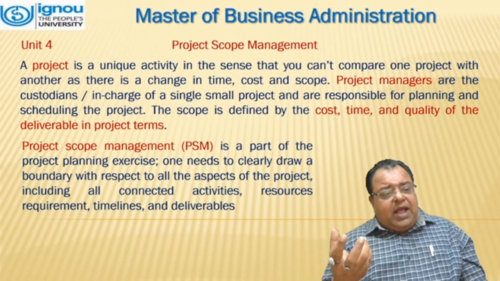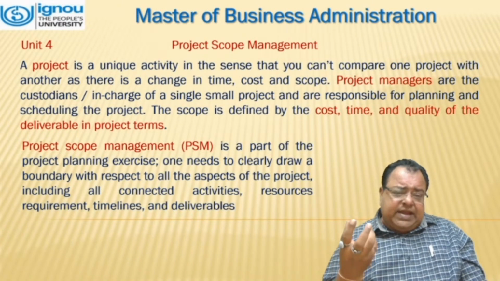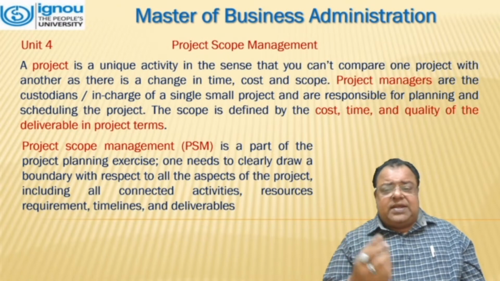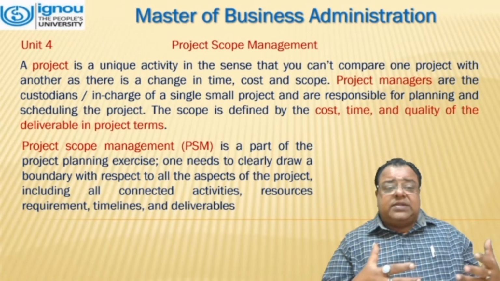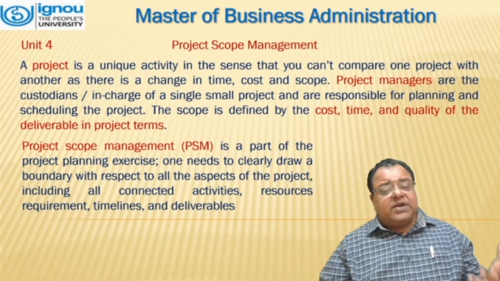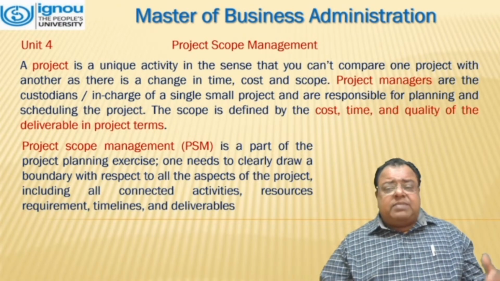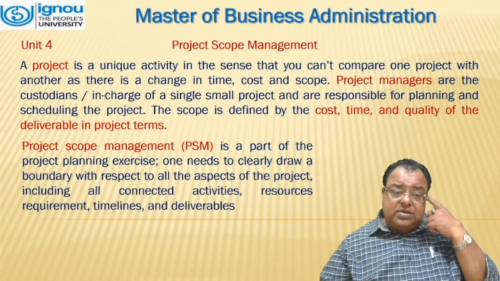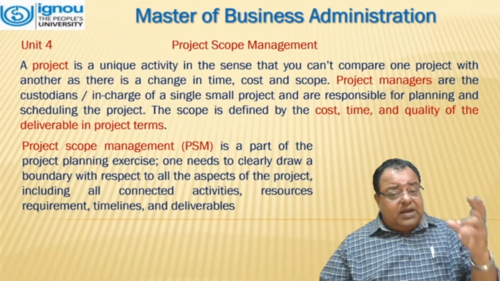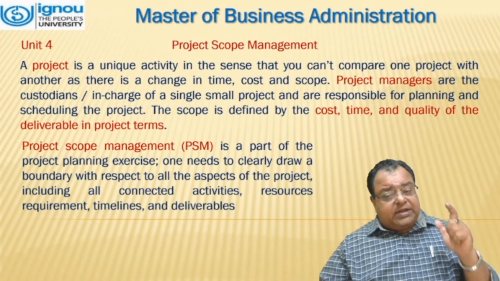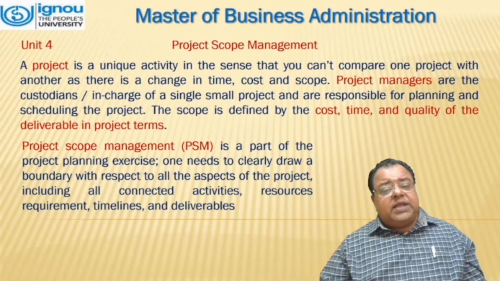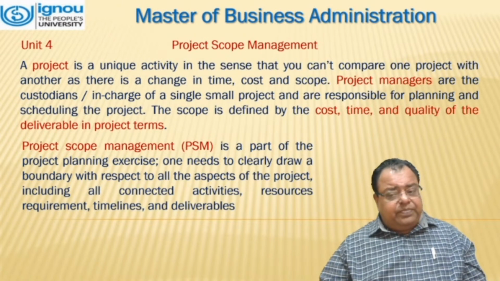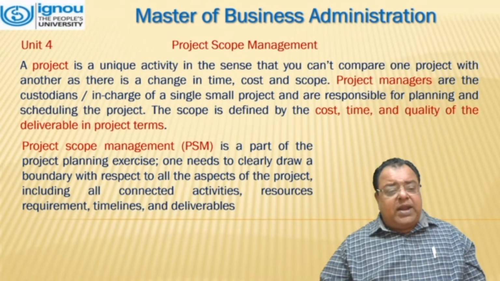As we are aware, a project is a unique activity in the sense that you can't compare one project with another, as there is a change in time, cost, and scope. Project managers are the custodians in charge of a single small project and are responsible for planning and scheduling the project. The scope is defined by the cost, time, and quality of the deliverable in project terms.